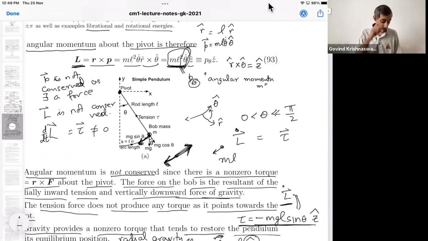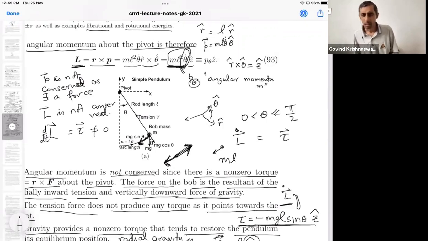I hesitate to do this too much because I gave this as a problem in the homework sheet. So let me not do too much of this here. But you're right, you can think in terms of the angular acceleration, theta double dot, and using that answer the question as well.